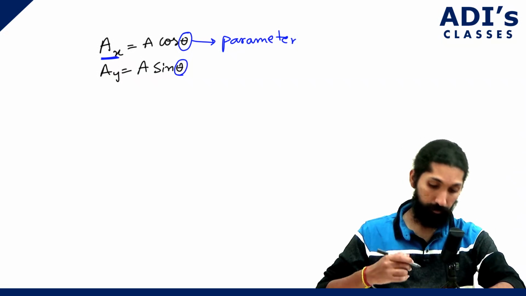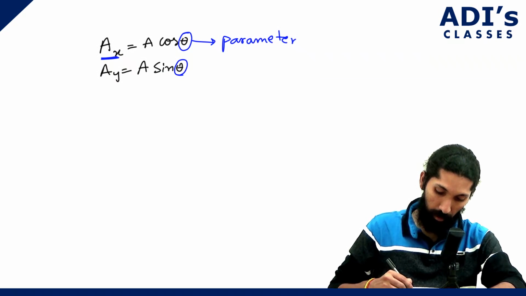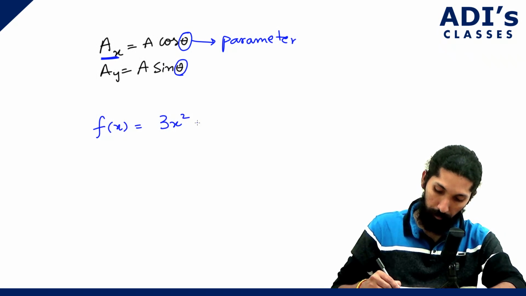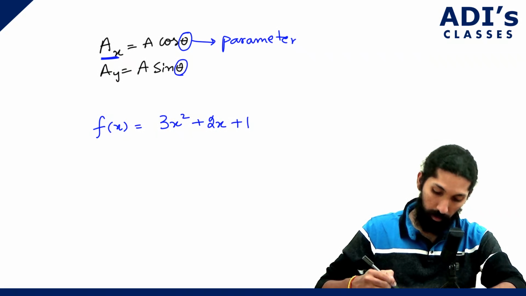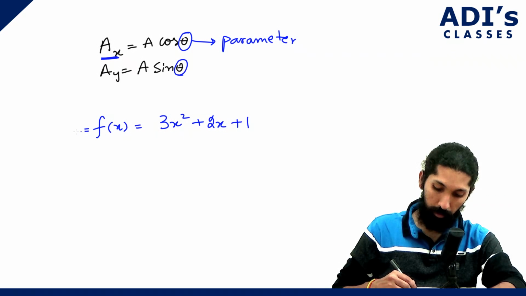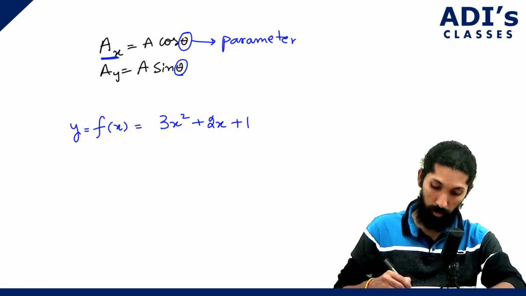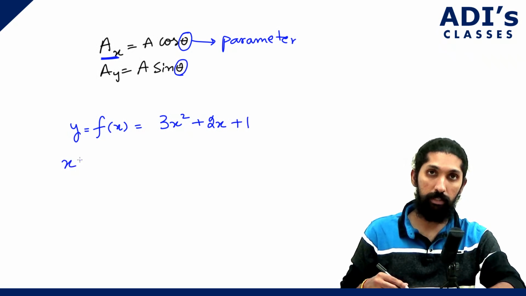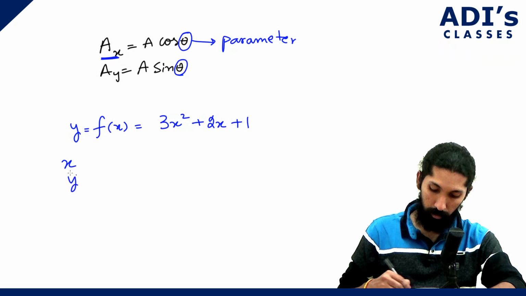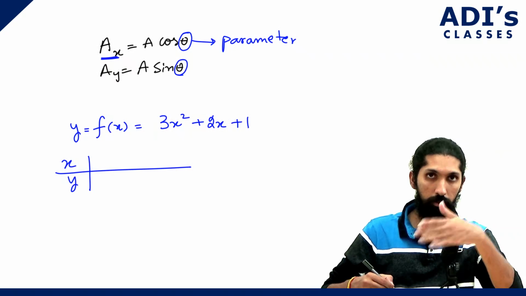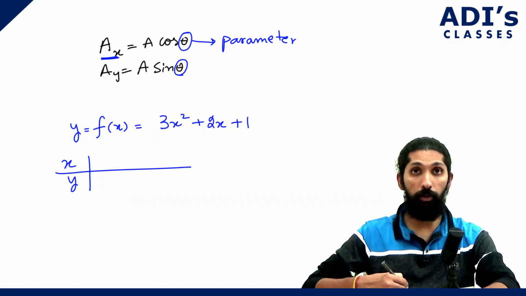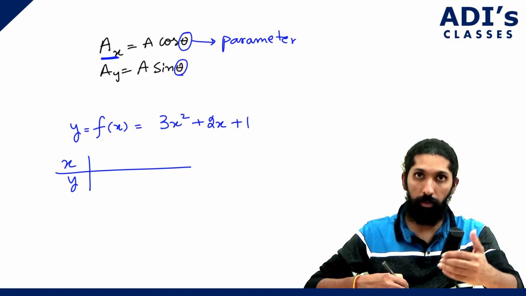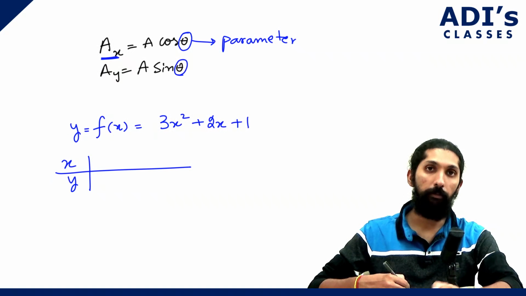You can say f of x is equal to 3x square plus 2x plus 1. Here f of x is nothing but the y value. So you substitute a value for x, you get a value of y. You can make a table and plot this on the graph. These are types of functions which can be plotted on the graph.